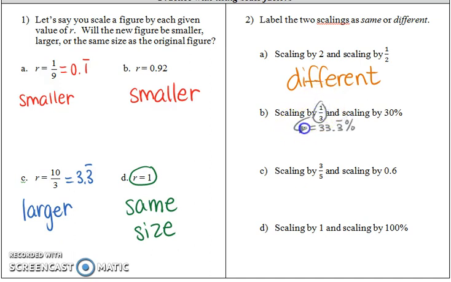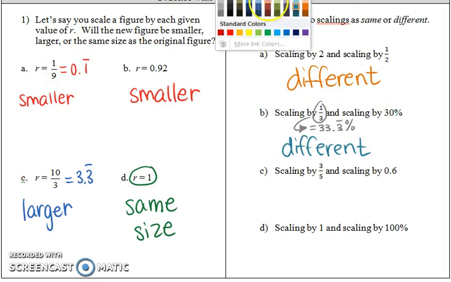So even though they're very close, they're both in the 30 area, they are not the same scale factor. So therefore, this is still a different scale factor. Scaling by 1/3 and scaling by 30% are not the same thing.